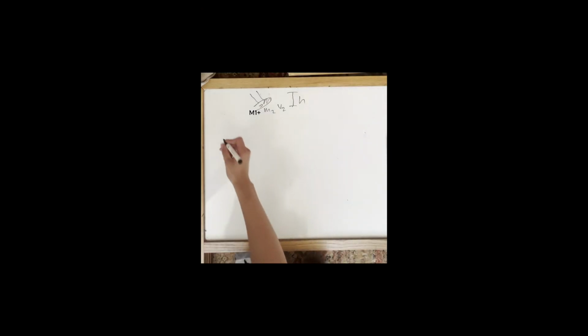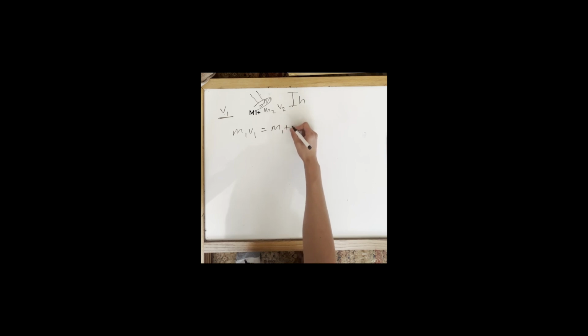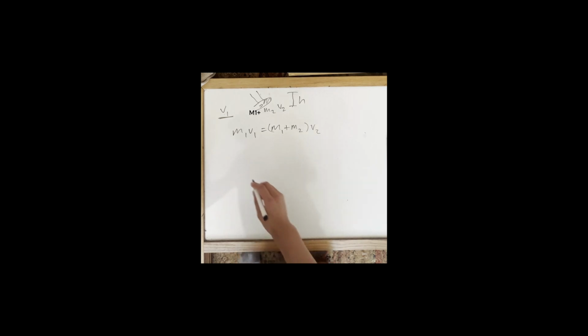Now to calculate the initial velocity of the bullet, what we need to do is first use the conservation of momentum equation for inelastic collisions.